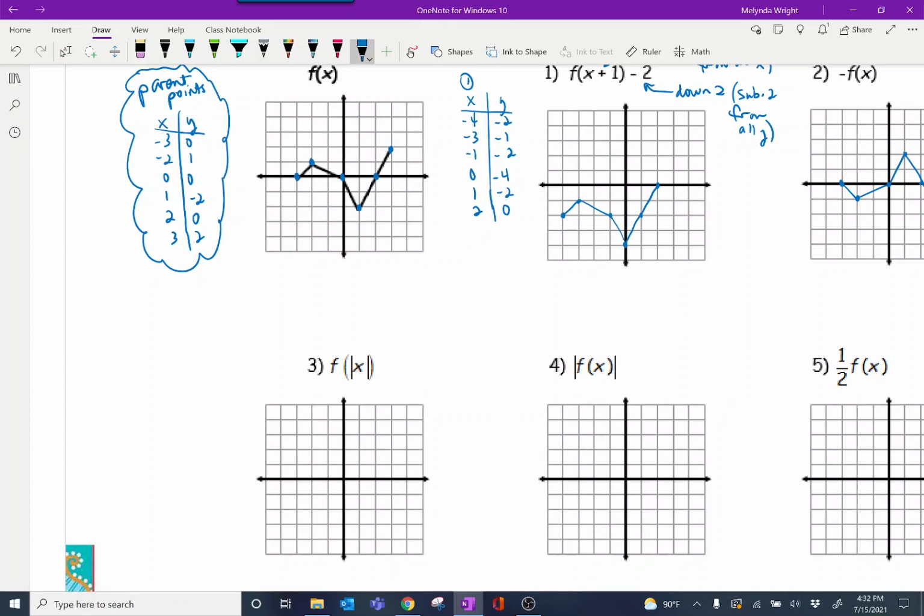So this transformation is everything is absolute valued. And so that means that all y values are positive.